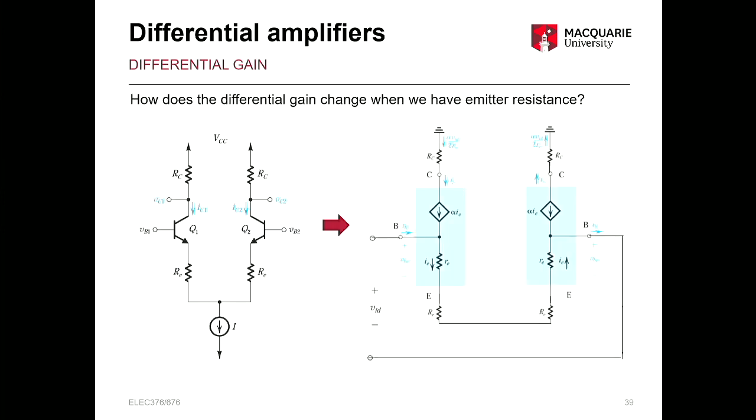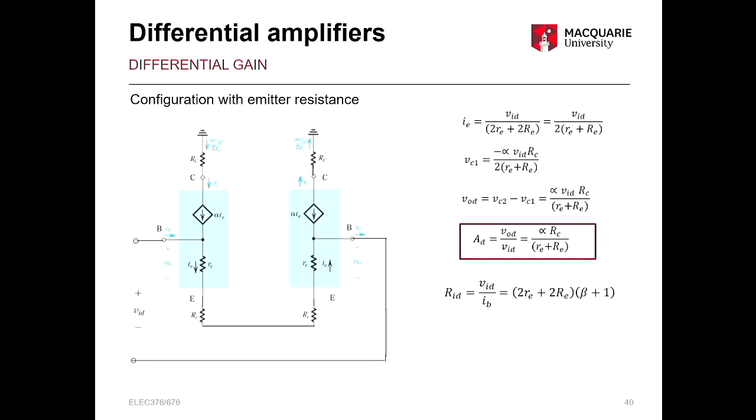So how does that affect the differential gain? So we have our standard BJT differential pair. We've got the equivalent circuits. Now, we already have our model RE, but we have an actual emitter resistor now added here. How will that affect the gain?